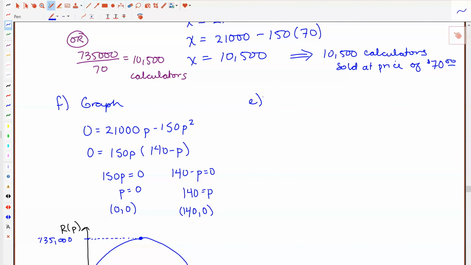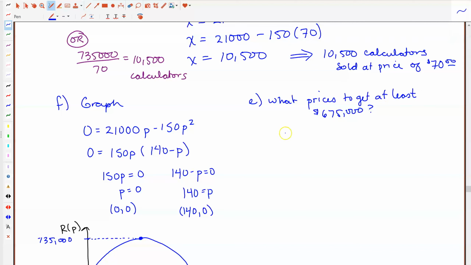So part E had asked what price, or prices as we're going to find, should we charge to get at least $675,000 in revenue.